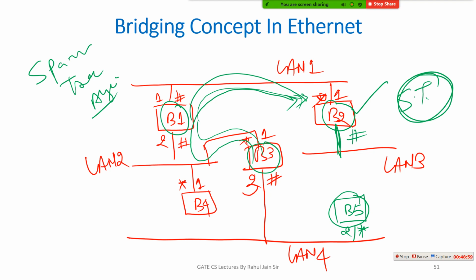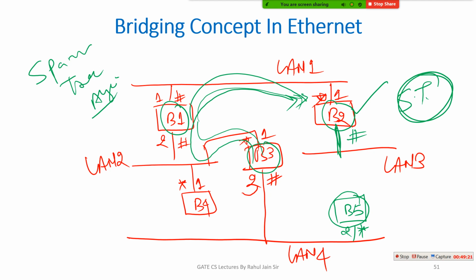Shivang, a switch doesn't have a separate collision area. Actually, in the bridge, I have discussed that we have a separate collision area, but our switch doesn't have one. If two packets are sent simultaneously by different switches, then they will collide.